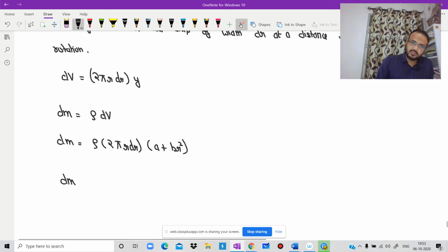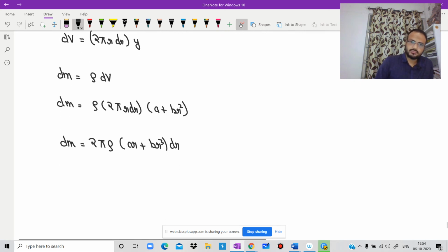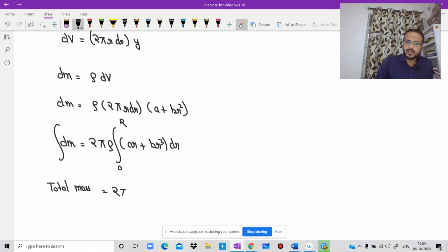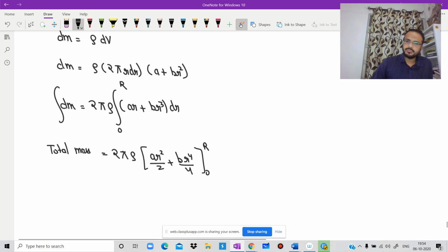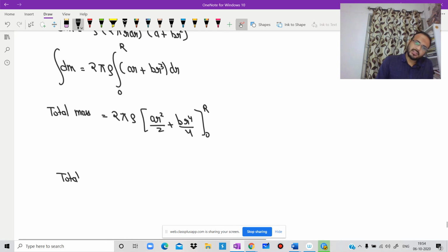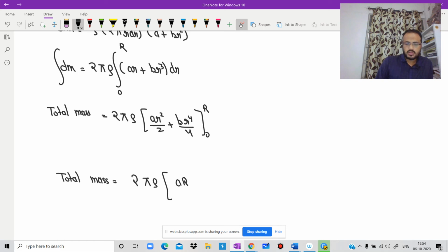So you will get dm is equal to, separating the constant terms, 2 pi rho into (a r plus b r cube) dr. Total mass is equal to the integral from 0 to R of 2 pi rho into (a r square by 2 plus b r to the power 4 by 4).